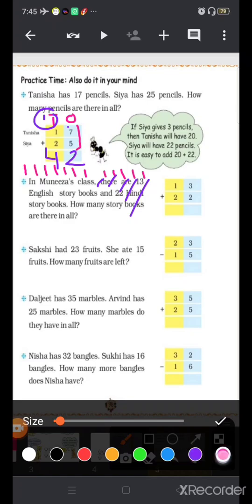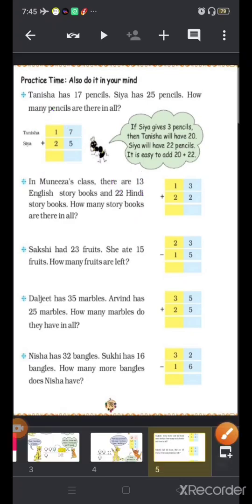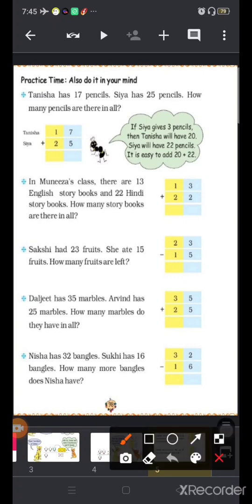Now let's move on. Next question. In Muniza's class there are 13 English storybooks and 22 Hindi storybooks.